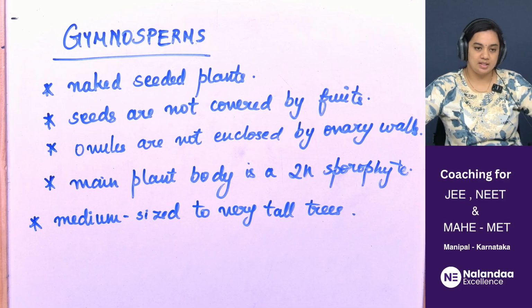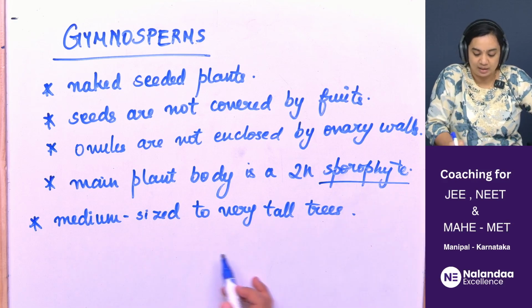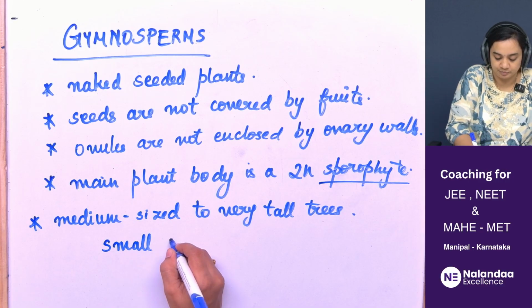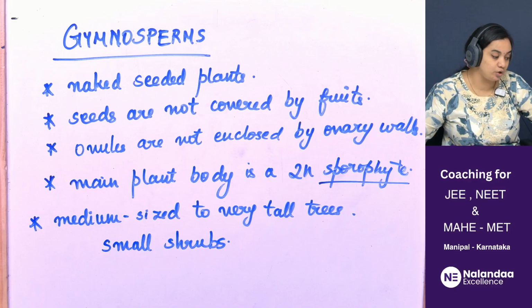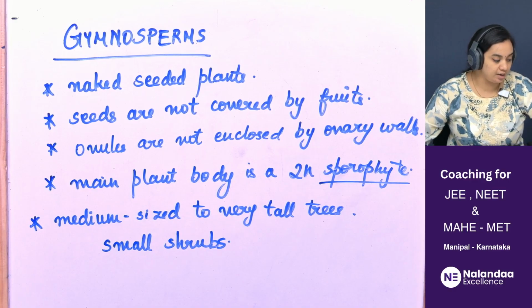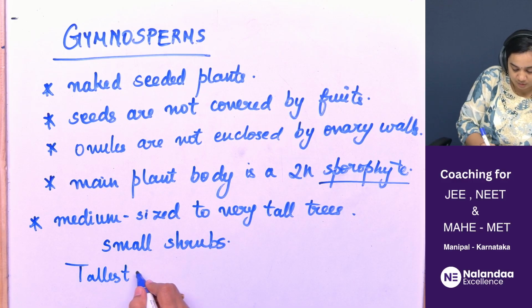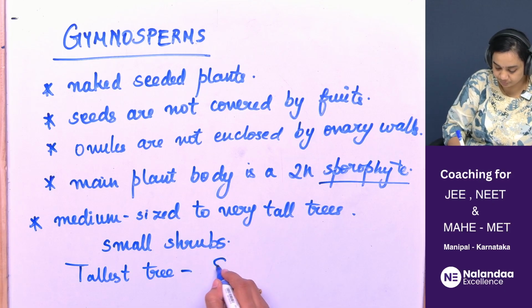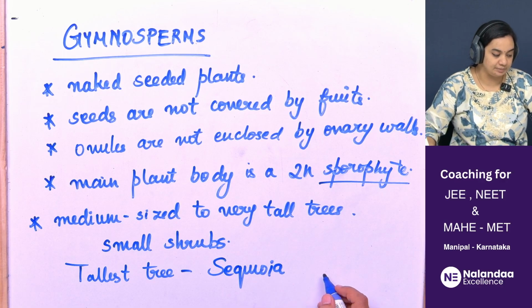All right. So the plant body of gymnosperms, like I said, is a sporophyte, and it can vary from small shrubby plants to medium sized to very tall trees. And the tallest tree is a gymnosperm, which is called sequoia, the giant redwood tree.